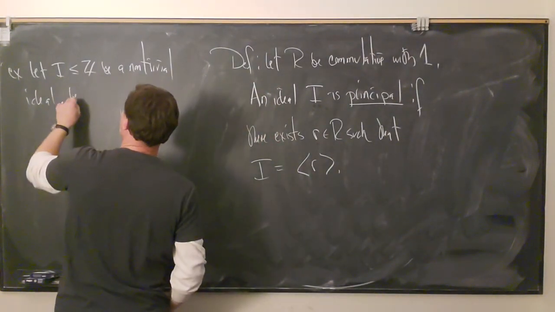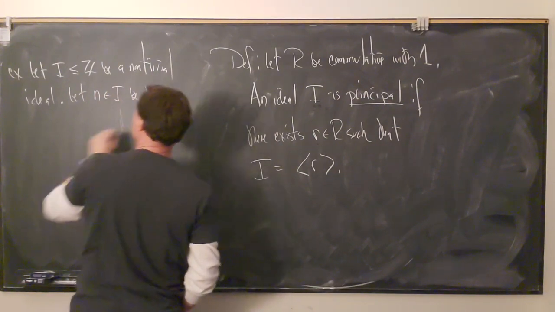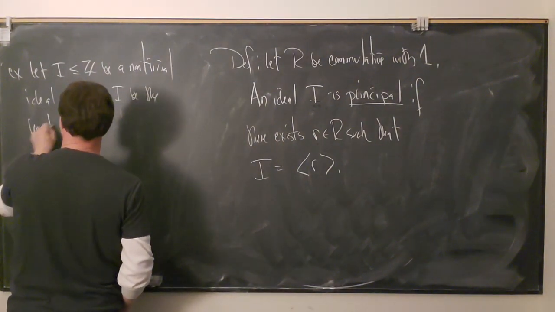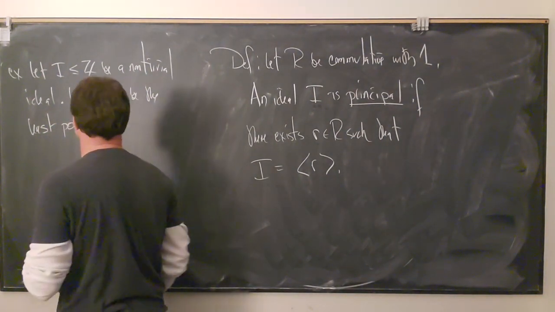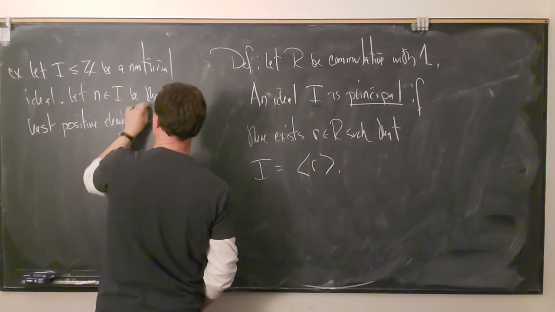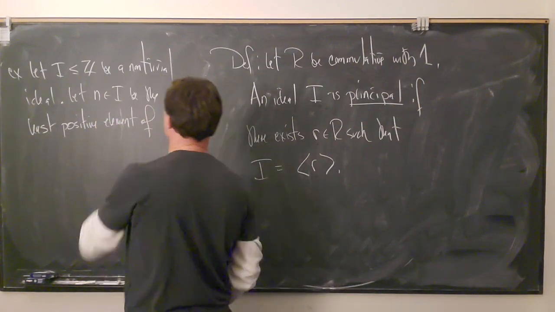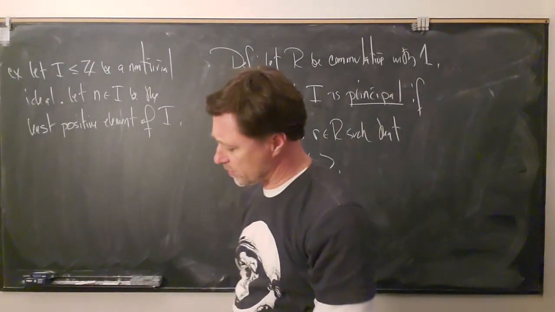So let's let little n in I be the least positive element of capital I. It's going to turn out that this is the generator.